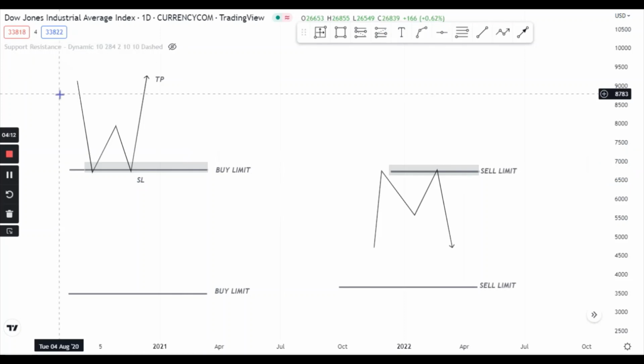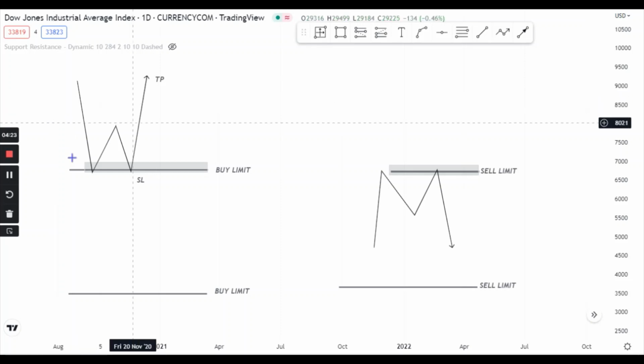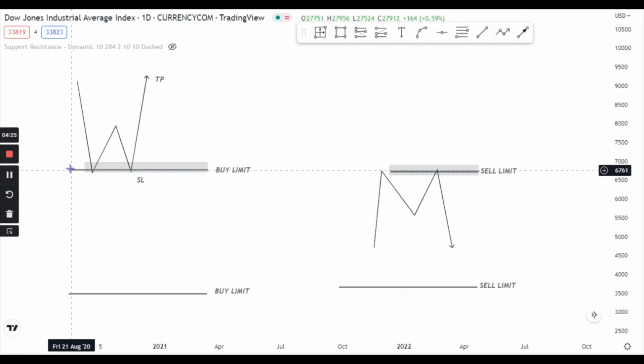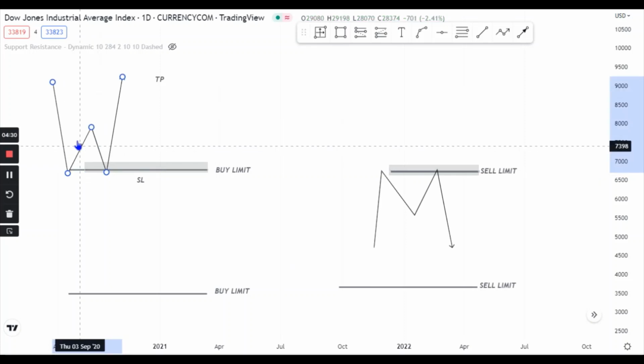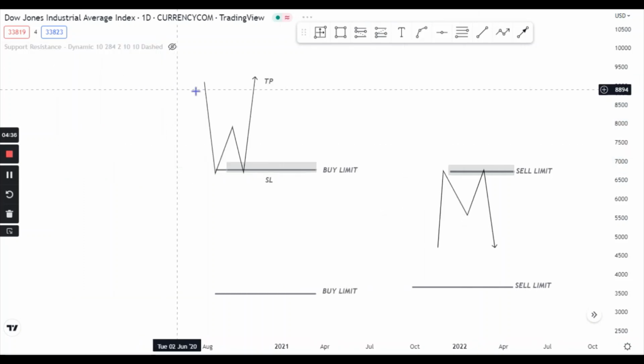You were the one who placed it to automatically enter you on the trade. There are many possibilities, and anything could happen at that moment.